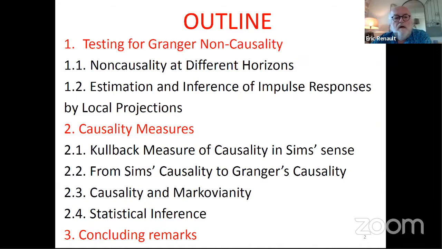Granger non-causality is something popular in econometrics, as you may know, and the originality of the point I will make is that it may be relevant to consider it at different horizons. In a second part, instead of testing for Granger causality, I set the focus on measuring causality. I will see how much time I have for that. So first, testing for non-causality.